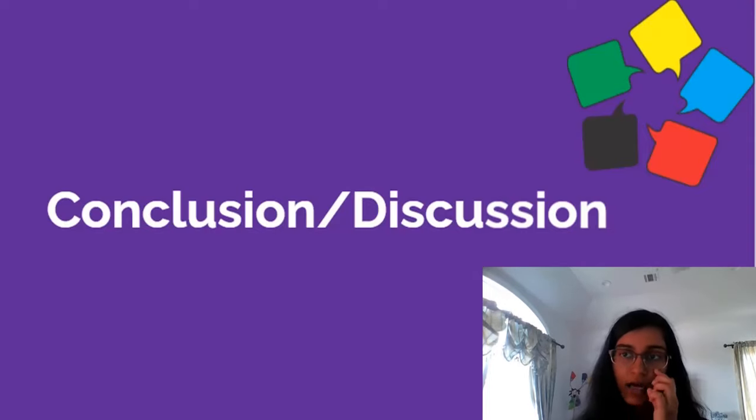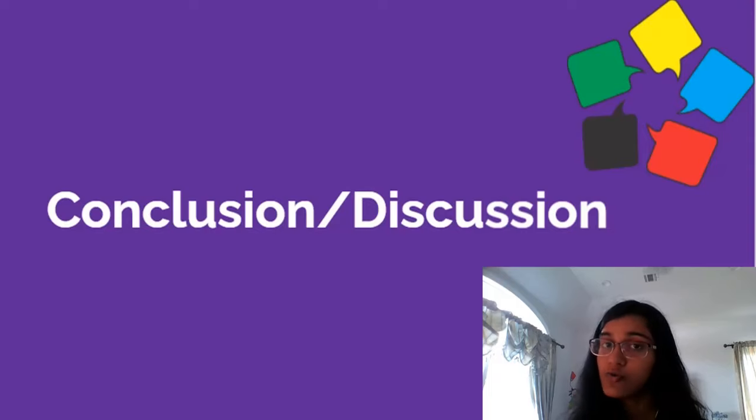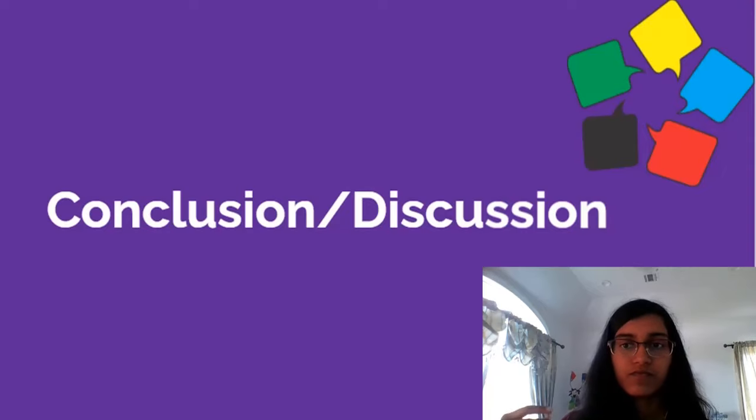And honestly, this part isn't too hard to understand because you've made it through the entire paper. And so this kind of just provides a summary to that. And there's nothing really new that's introduced in the conclusion and discussion normally. So overall, this section is pretty easy to understand, but the same tips from before apply.